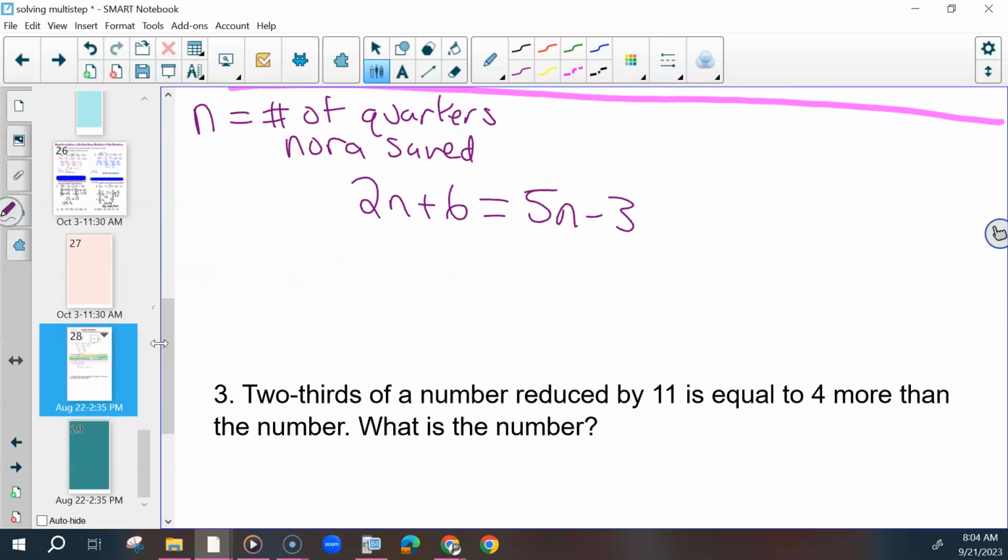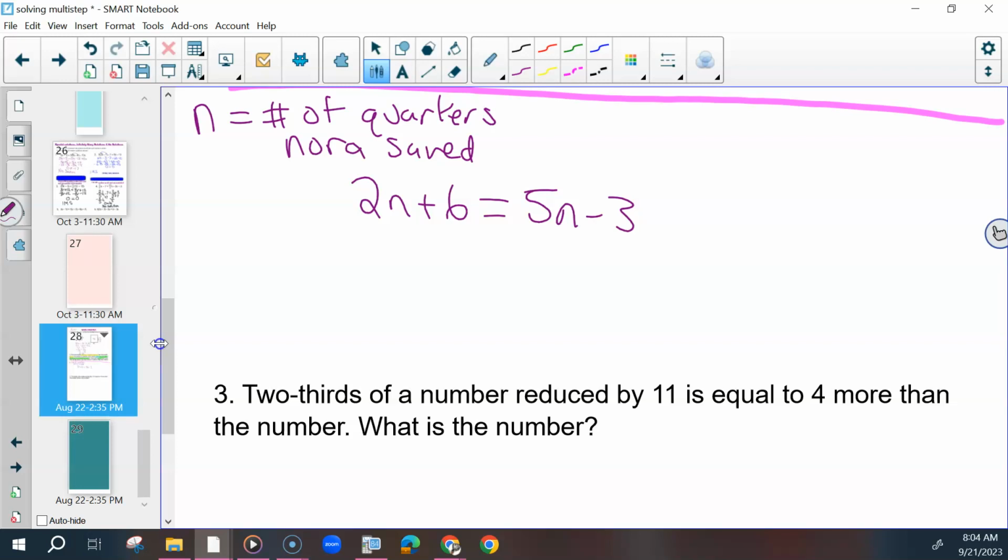So now we have our equation, now we can solve. Looking at our coefficients, because these are different, what type of solution are we going to get? Or how many, I should say. 1, none, or infinitely many? 1. They're different. Right? So what do we want to move first?